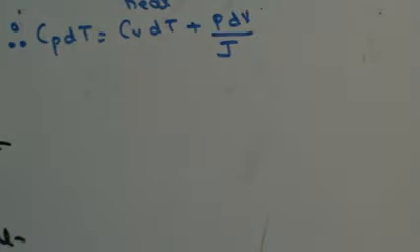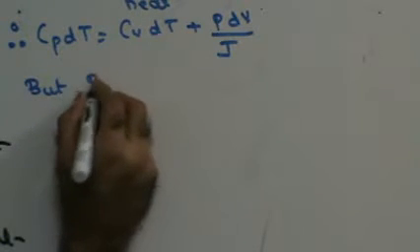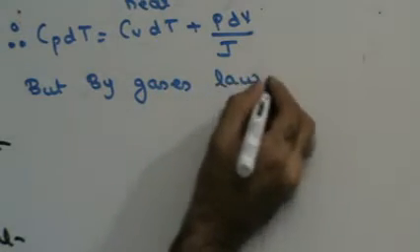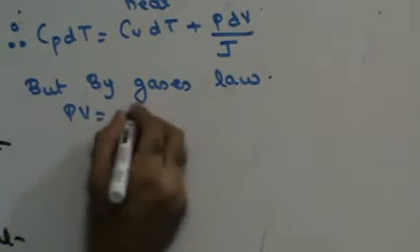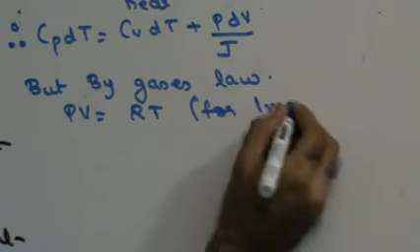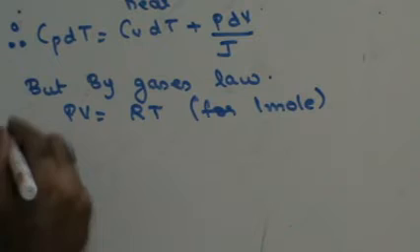But by Gas law, PV is equal to RT for 1 mole of a gas. So let us assume that if the volume increases by dV, the temperature will increase by dt.